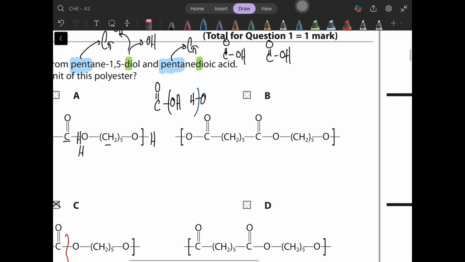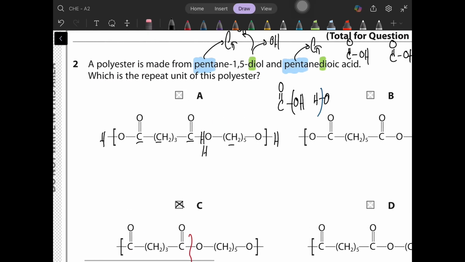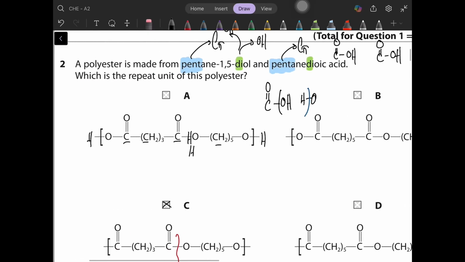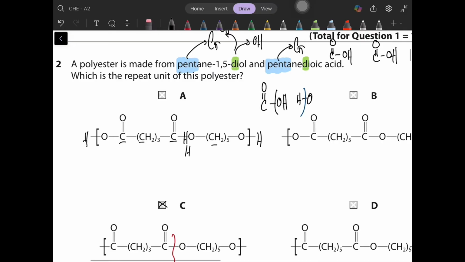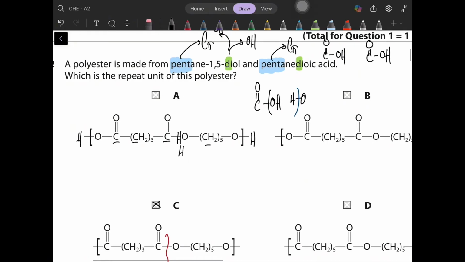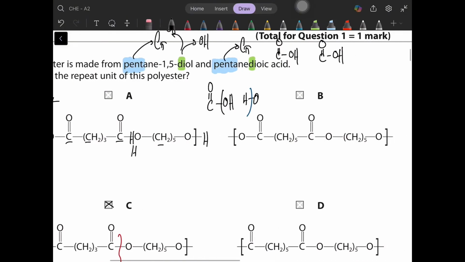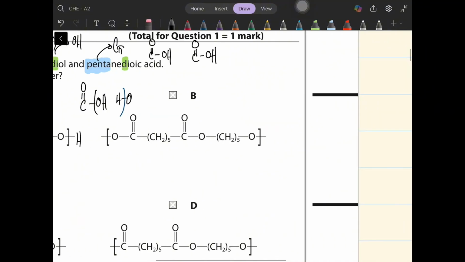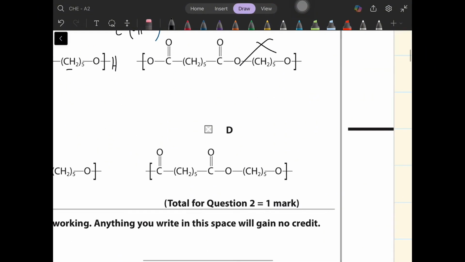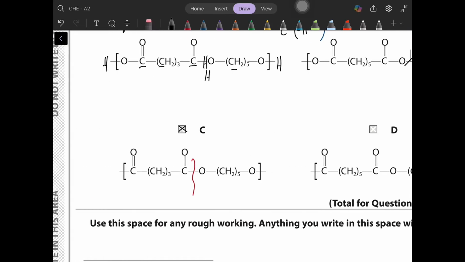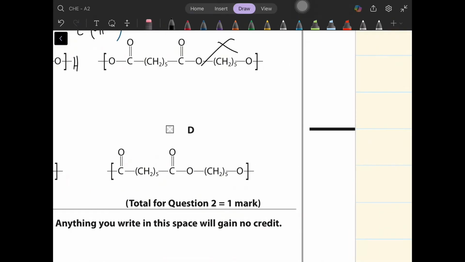And let's take a look at option B. It seems that this one is okay, but I will just keep this as a possible answer. Let's move on. 5, 6, 7 carbons. So this is clearly not the answer. And let's just see, 5, 6, 7.